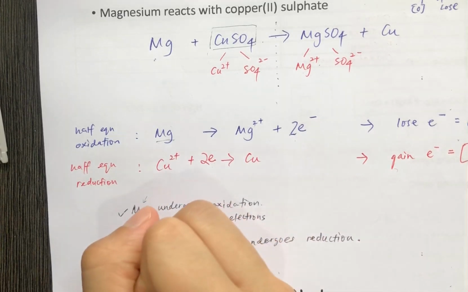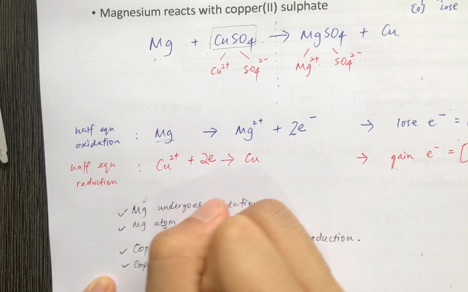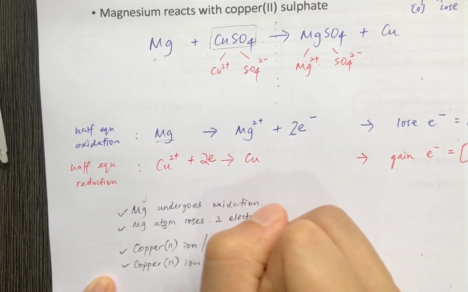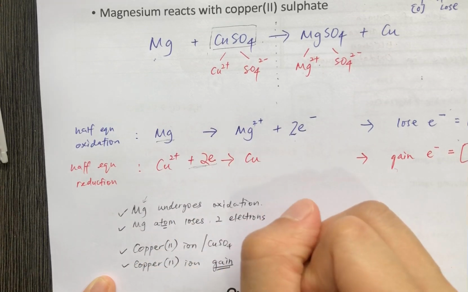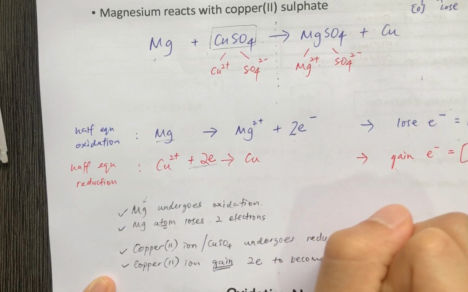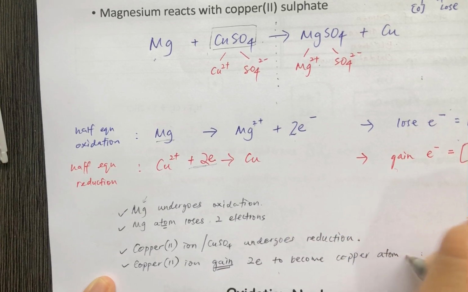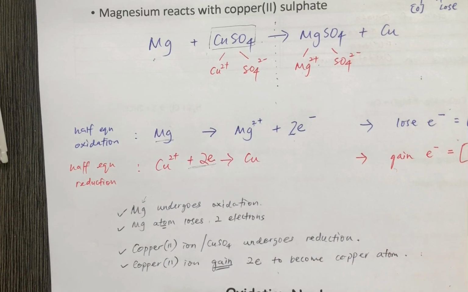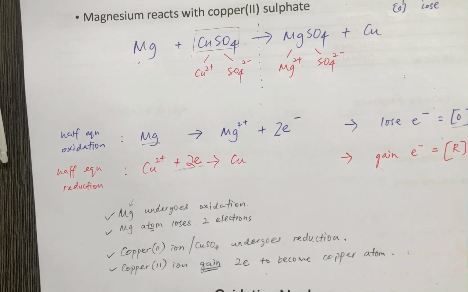Because the copper(II) ion gains 2 electrons to become a copper atom. I'm done. This is how you explain a 4-mark question. Very simple.